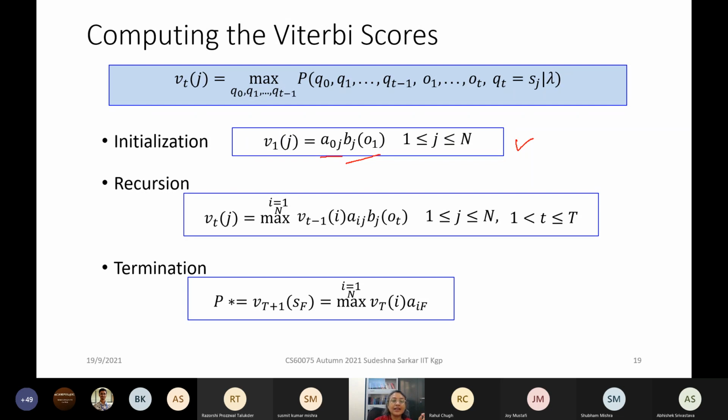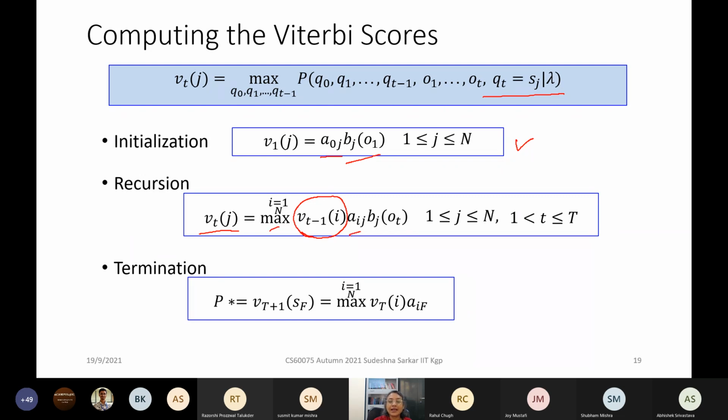Then after we have filled up the (T-1)th column, we can fill up the Tth column, and that we do recursively. So we find out Vtj. Vtj is what we have defined here. Vtj is max. I take the max over all the possible tags. There are n possible tags. So I look at the previous column, V(t-1)i, i corresponding to the ith state in the previous column.